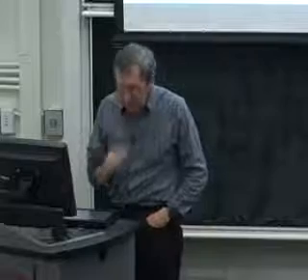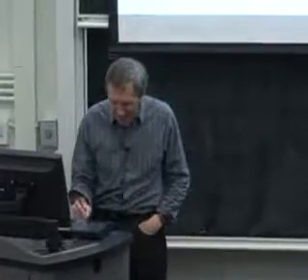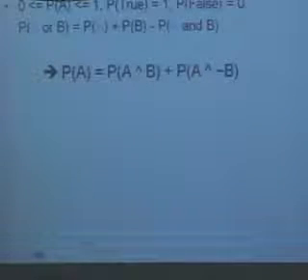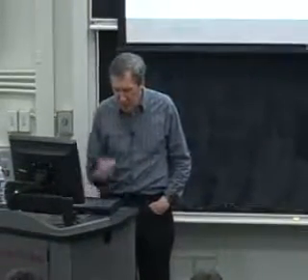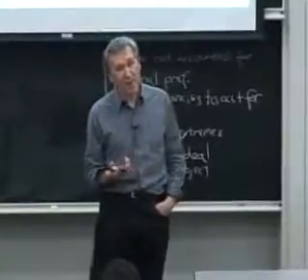But it's even more obvious with our Venn diagram. The probability of A is just 1, which is this whole area, minus the probability of not A. They have to sum to 1.